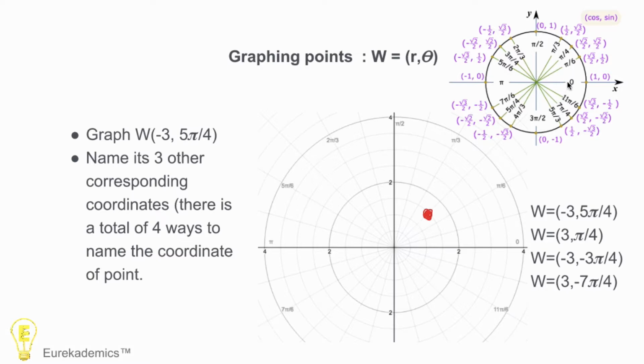How do I get there the negative way? So here it is. 5 pi fourths was 1 whole quadrant and 2 ticks. The negative way would have been 1 whole quadrant and 2 ticks. That doesn't make sense. Why is it there? Oh, there we go. That makes sense.